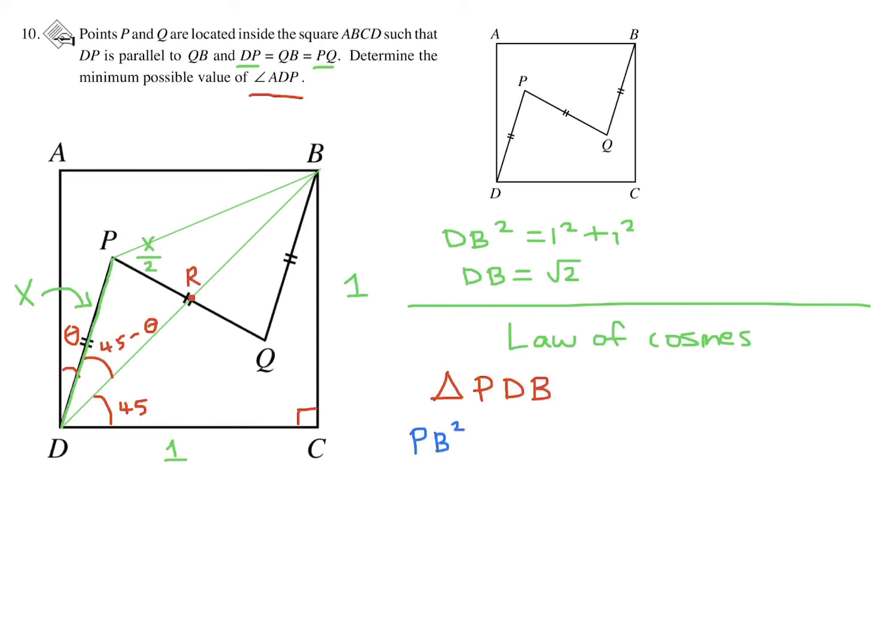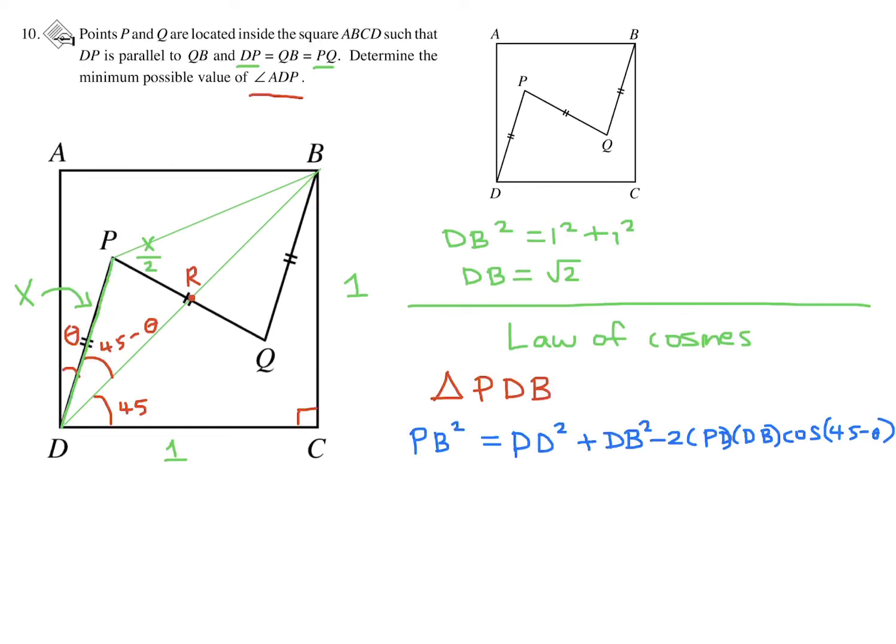PB squared is equal to PD squared plus DB squared minus 2 times PD times DB, and cos of which angle? The one opposite PB, which is 45 minus theta. All right, barely squeeze it in there.